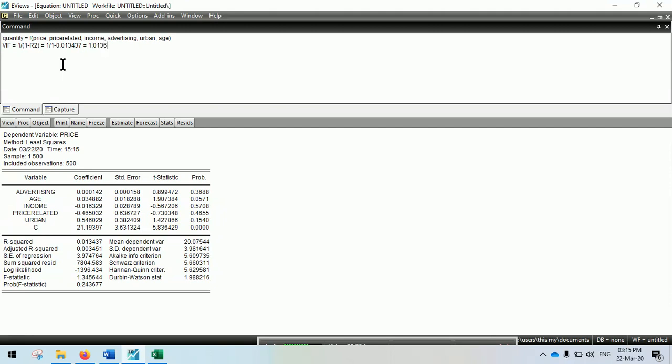So if we find the VIF less than 5, that means the multicollinearity is not serious and we can continue. If the VIF is more than 5, that means we have a very serious problem of multicollinearity. We have to solve it.